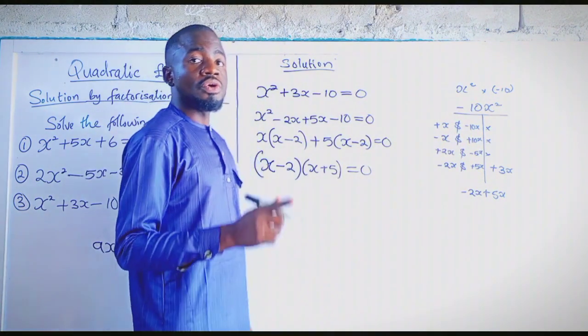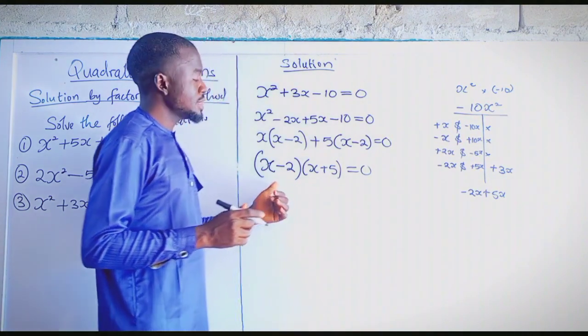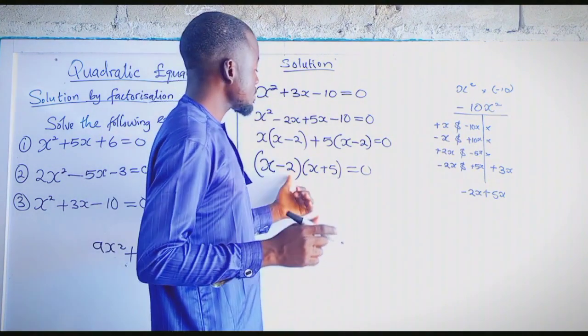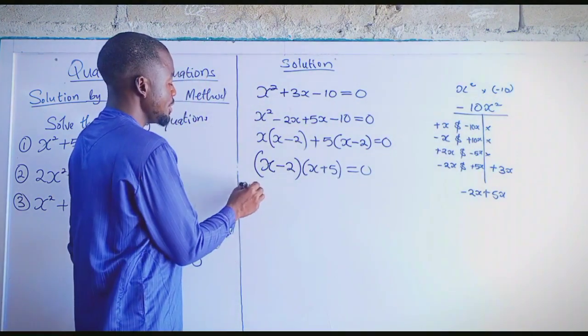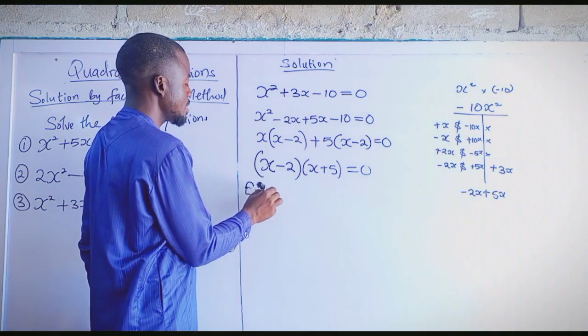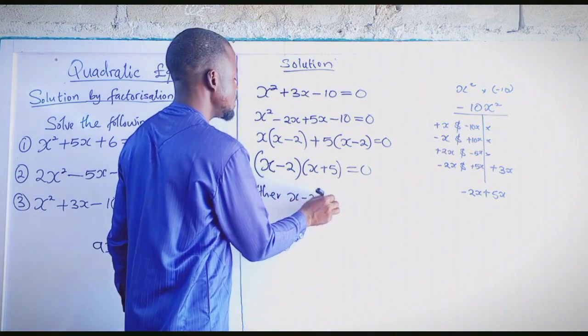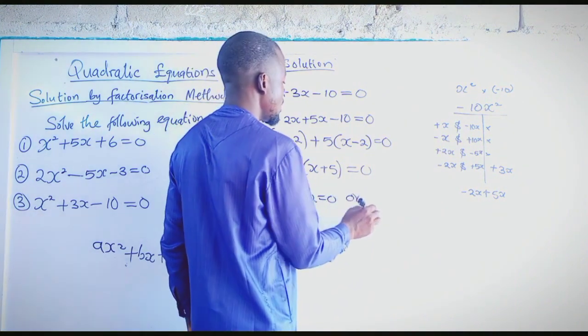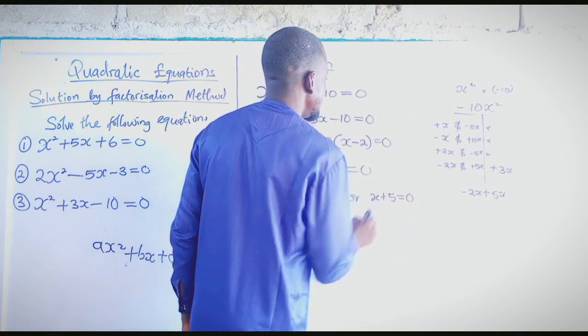So, like we did before, two expressions are multiplying themselves to give you 0. It means one of them must be equals to 0. That is the only condition that is necessary for the product of these two expressions to give you 0. So either x minus 2 is equals to 0, or x plus 5 is equals to 0.